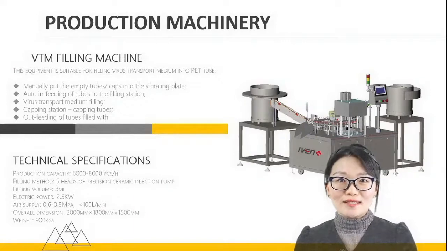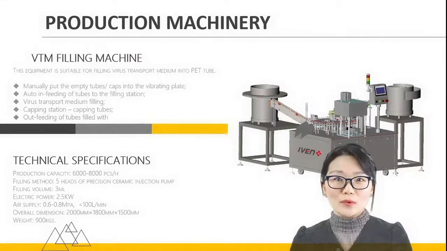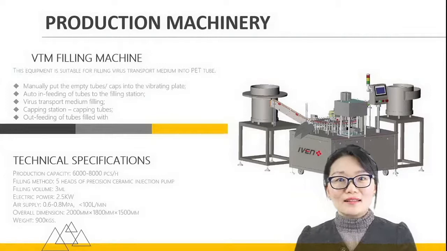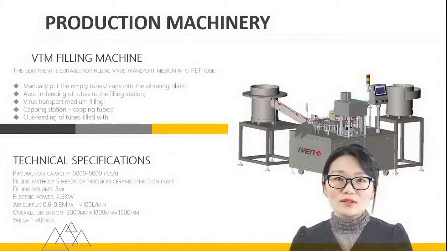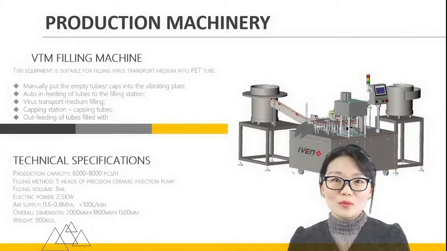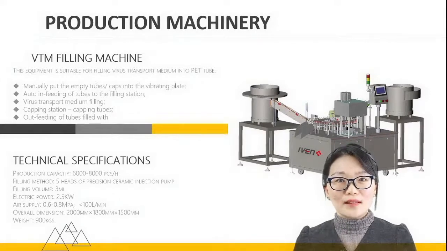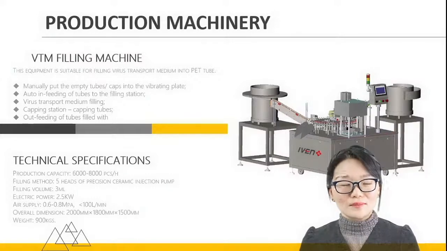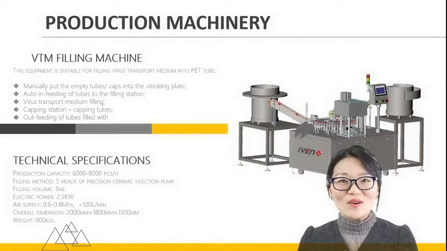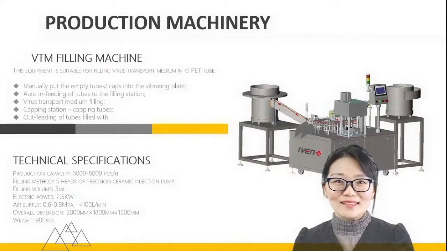Manually put the tubes and caps into the vibrating plate, and then the tubes and caps automatically feed into the filling station and capping station. With 5 filling pumps, the medium will be filled into the PET tubes. Normally, the filling volume is 3 milliliters. This machinery has big capacity, around 6,000 to 8,000 pieces per hour.